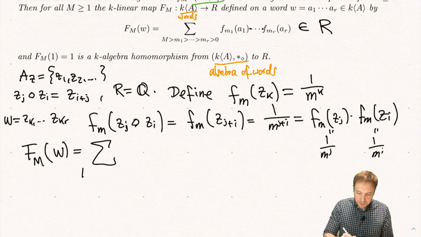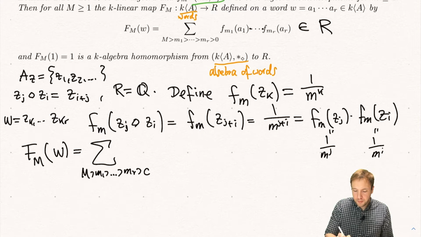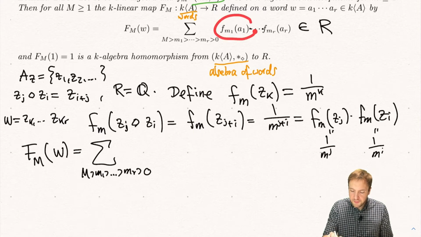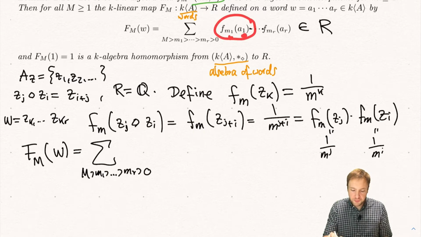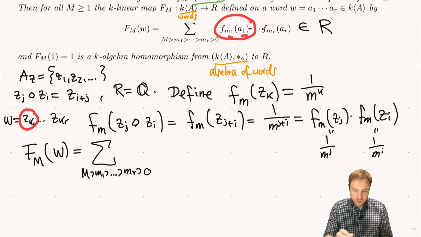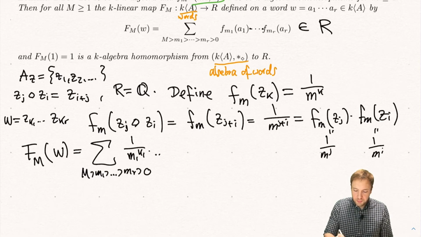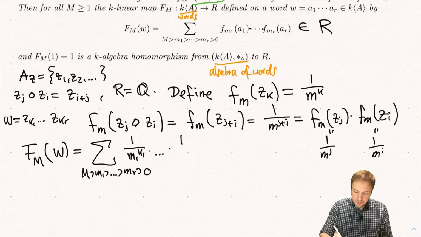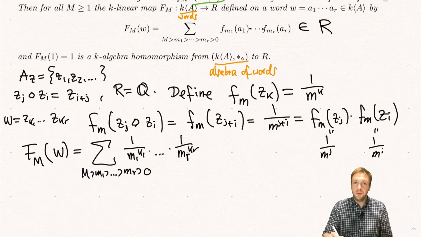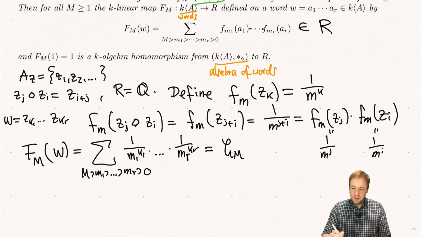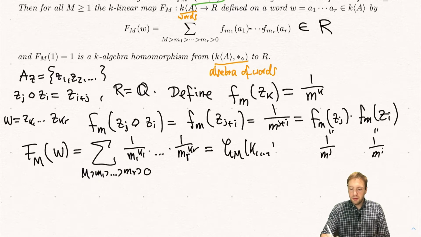Well, it's an ordered sum, and then I plug in f_{m1} of the first letter, but this is just 1 over m_1 to the k_1, multiplied now in Q, up to m_r to the k_r. So you see that this is just what we denoted before by zeta_m(k_1, ..., k_r).